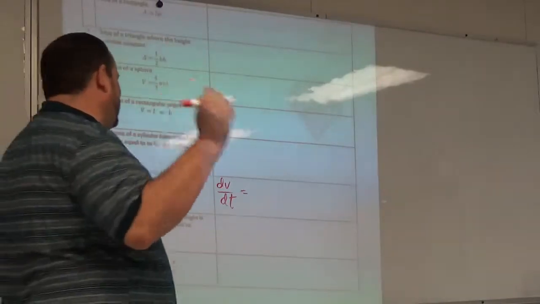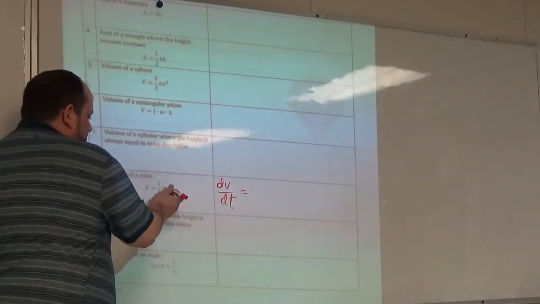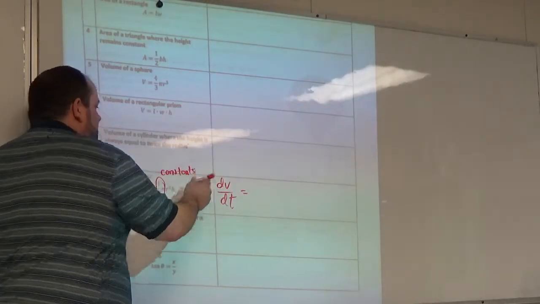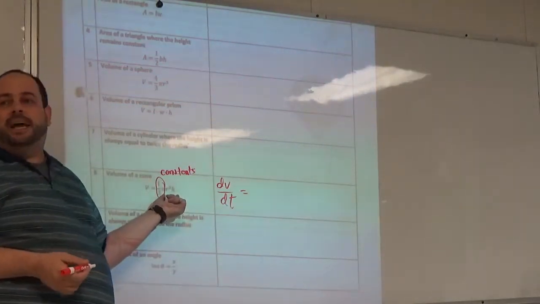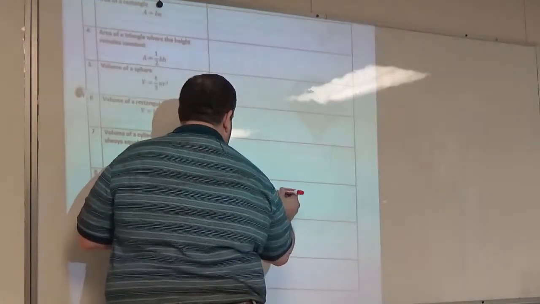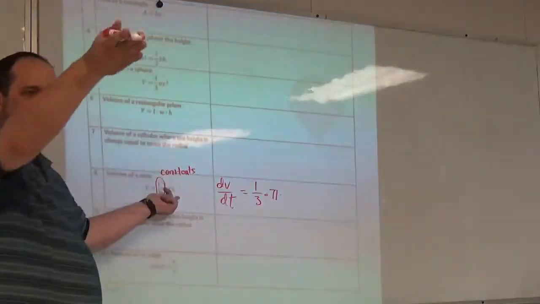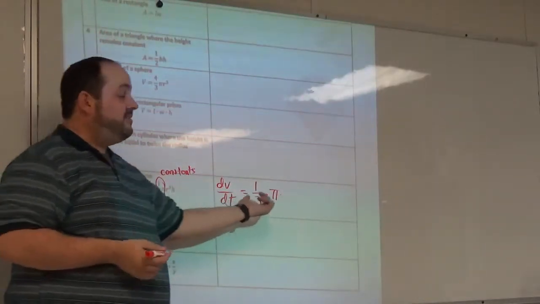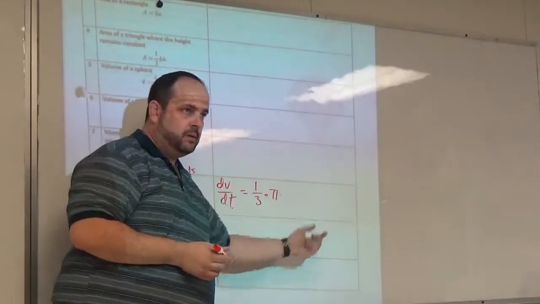We just had the conversation. The 1/3 and the pi are constants that you're multiplying by. You ignore the constants. The constants come along for the ride, just like the conversation we were having about the derivative of 5x squared being 5 times 2x.